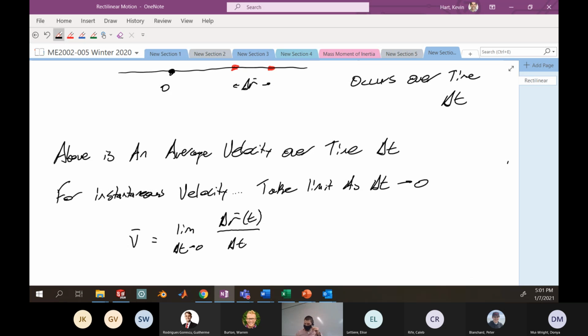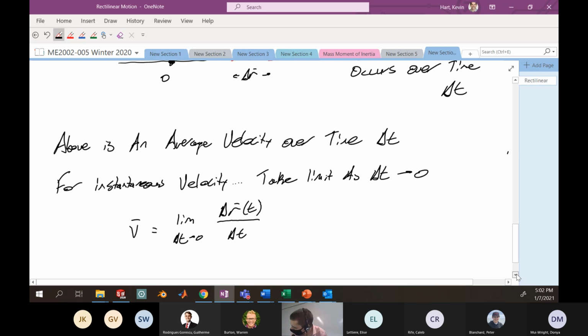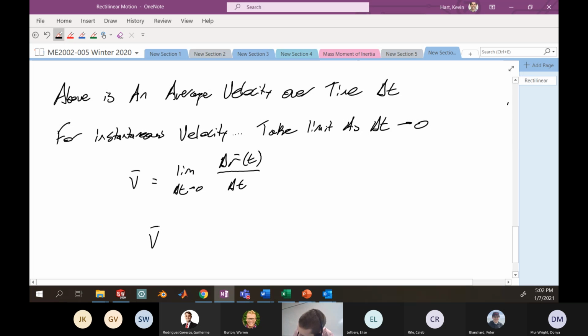So how much did your position change over that time interval? Take that time interval down to infinitesimally small amounts of time, and you're going to calculate what your velocity is. All right. Usually this is written in the differential form, change in the position vector, dr dt, where usually this is obviously some function of time itself.